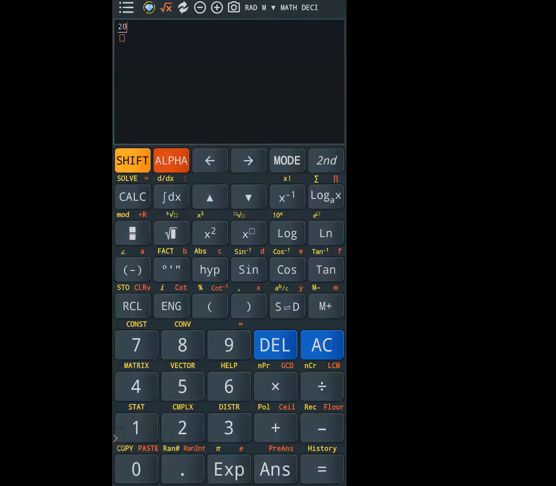This is 200 into 24 into 10 raised to power 6 upon 5,000 cube. 0.384. It's the right value, right?